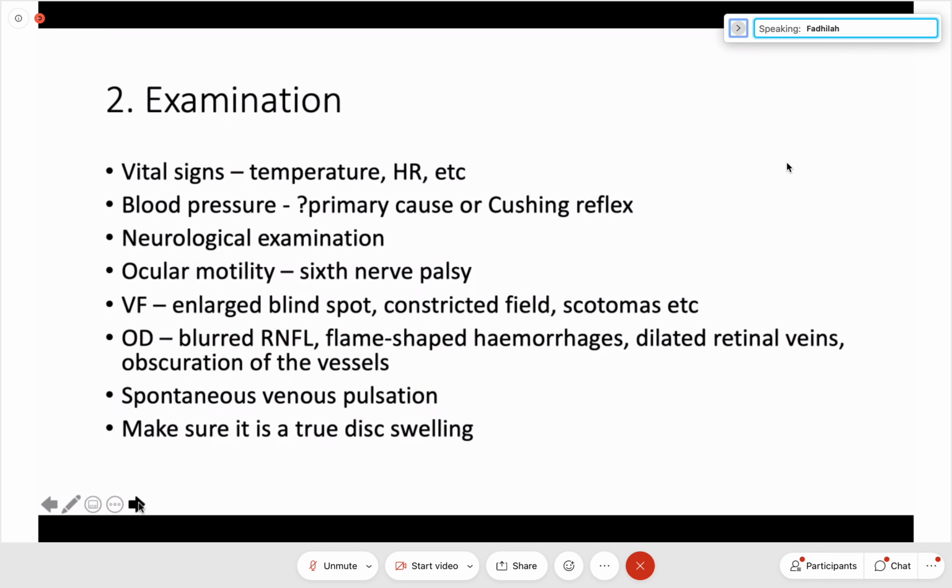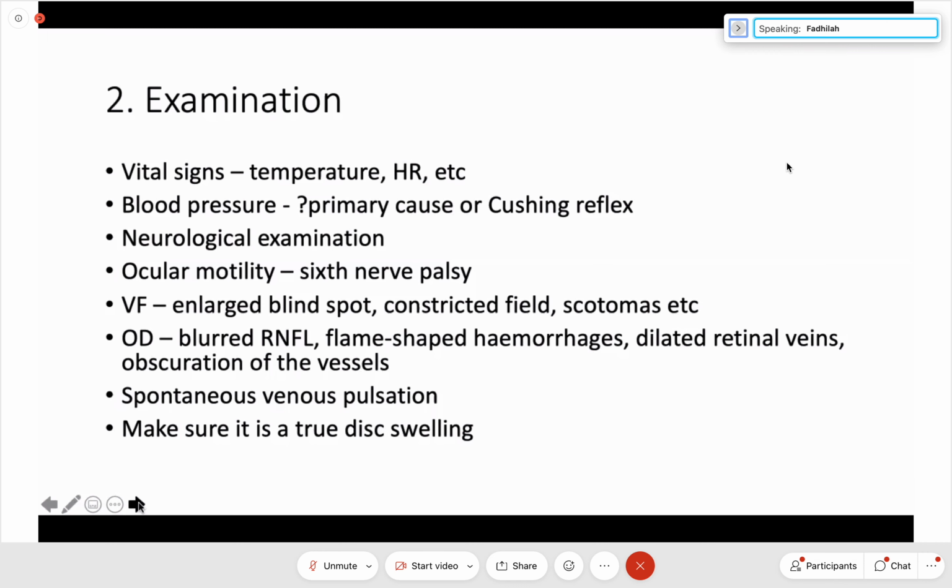Now, you move on to examination. You divide it into systemic examination, followed by the ocular examination. Make sure the patient has stable vital signs, there is no temperature, the heart rate is stable, and then measurement of blood pressure is very important because it can be the primary cause of the disease, but it can also be a reflex, what we call Cushing reflex.